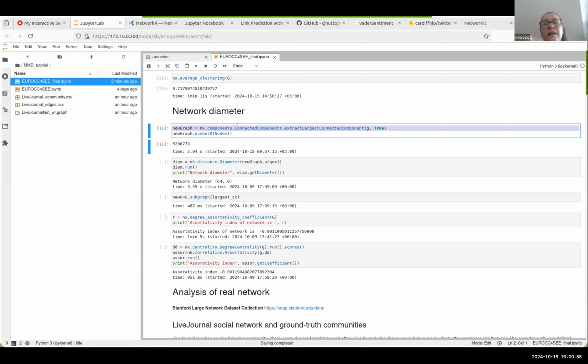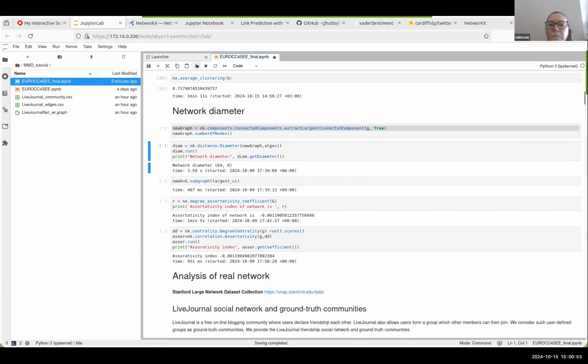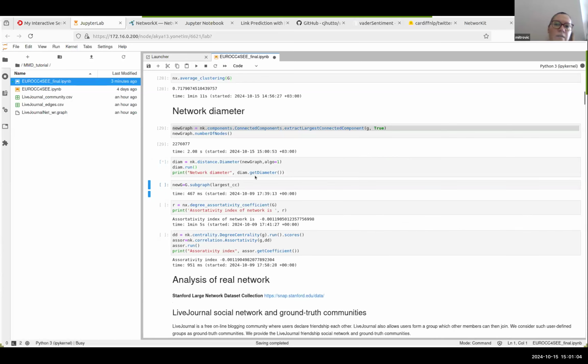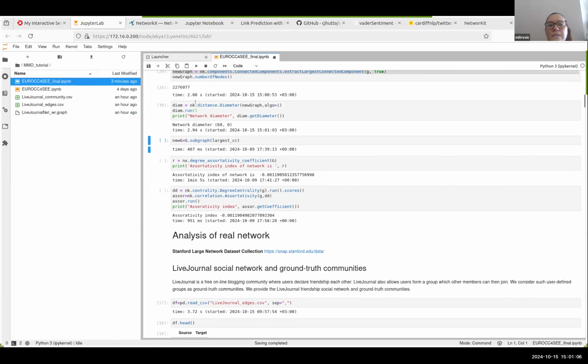In this case, we would say that our network actually has a diameter that is infinite, okay? So what we will do, we will calculate the subgraph of the largest connected component, and we are using NetworKit, and we will run diameter. So diameter is a distance function. You use diameter on this new graph. You can do it also in one line, and then you will get the diameter of 60.